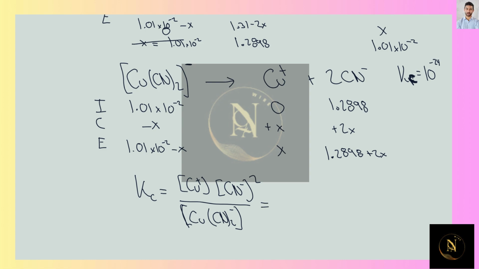Perfect. So now we can replace the values. This becomes x times 1.2898 plus 2x squared divided by 1.01 times 10 to the minus 2 minus x.